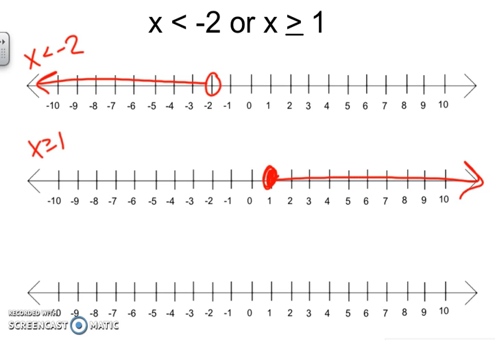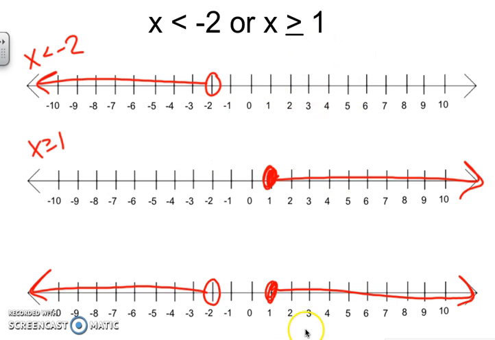Okay, so notice there was no overlap because it's to the left of this -2 and then to the right of this 1. So when I combine them on the same graph, I literally just redraw the same thing. So my final answer would be open at -2 going left, and then closed on 1 going right.